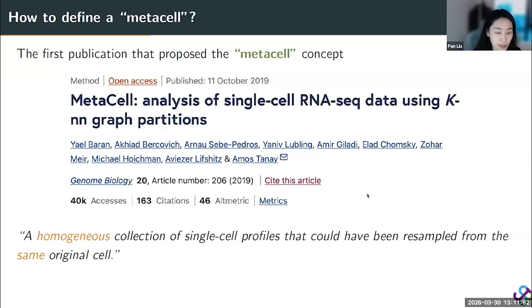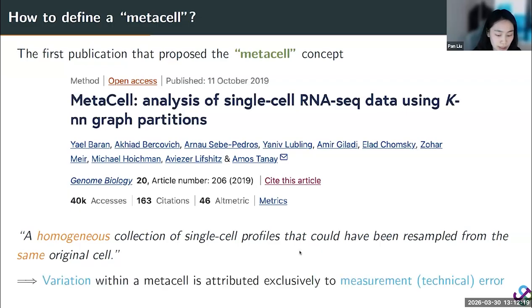Okay, to answer the first question, how to define a metacell, we go back to the very first paper that proposed this metacell concept. There it says a metacell should be defined as a homogeneous collection of single-cell profiles that could have been resampled from the same original cell. Well, this is a biological definition, and we wish to first translate it into something statistical.